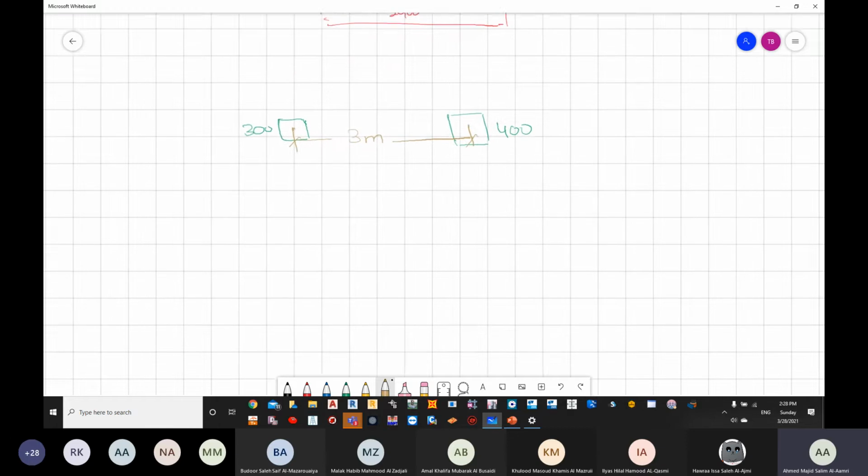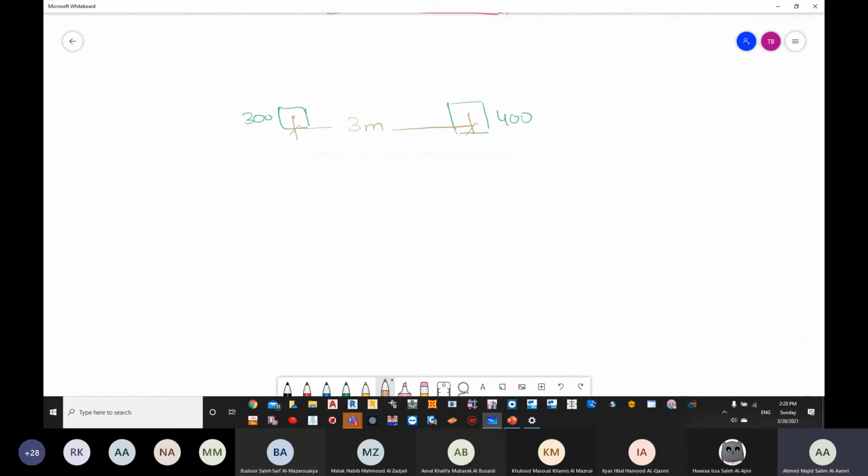Now the center of loading should be acting at a distance of 1.76 from here. So this is going to be my center of loading.